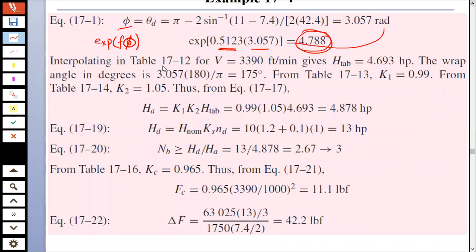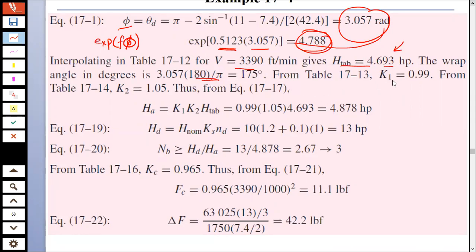Interpolating in table 17-12, V is this, so you find your H tab. ठीक है जी, H tab, this is the tabulated horsepower which is 4.693 that the belt can transmit, looking at the speed too. The angle of wrap in degrees, you just convert this into degrees. ठीक है जी, 180 by pi से आप multiply करेंगे.